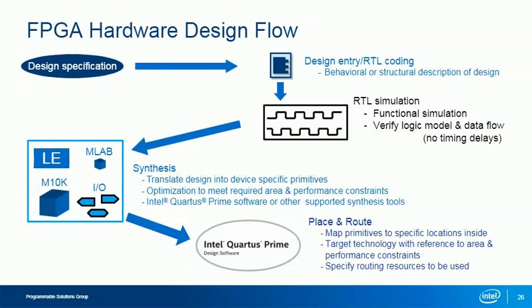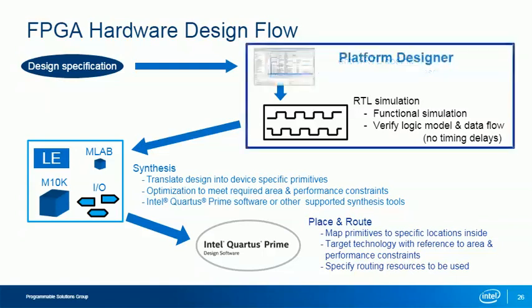Synthesis turns the design into device-specific primitives, and place and route, performed by the Intel Quartus Prime fitter, selects locations for those primitives and wires them together. As you've seen, Platform Designer is a front-end tool for building a system. It generates regular HDL code, so think of it as just another method for design entry in the flow.